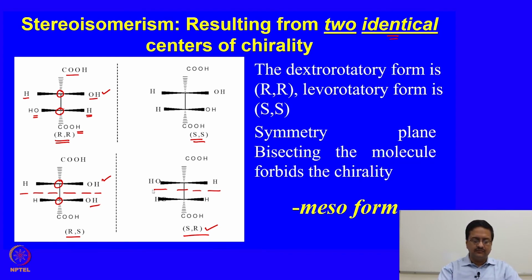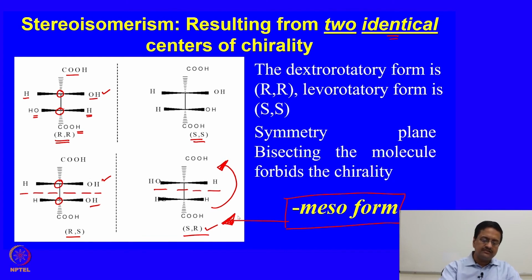They are the same molecule because you can rotate this molecule about 180 degrees in plane and superimpose it on the other molecule. So they give rise to the same molecule. This particular isomer is called the meso compound, and it forbids the chirality of this molecule.